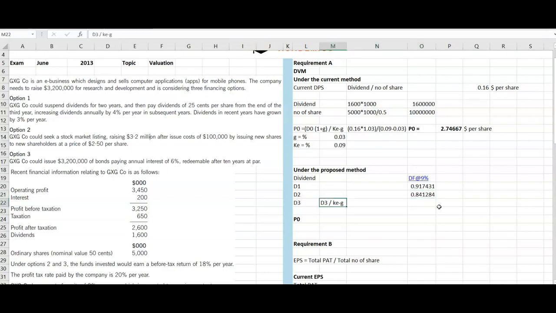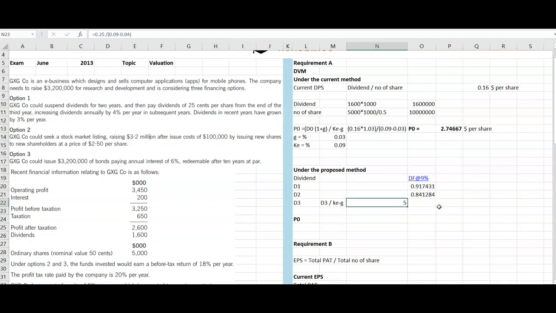So when we do D3 over KE minus G, we'll do it here. D3 is 0.25, divided by KE, which is 0.09, minus G, which in this sum is 0.04. Close the bracket, and now you will get an answer.